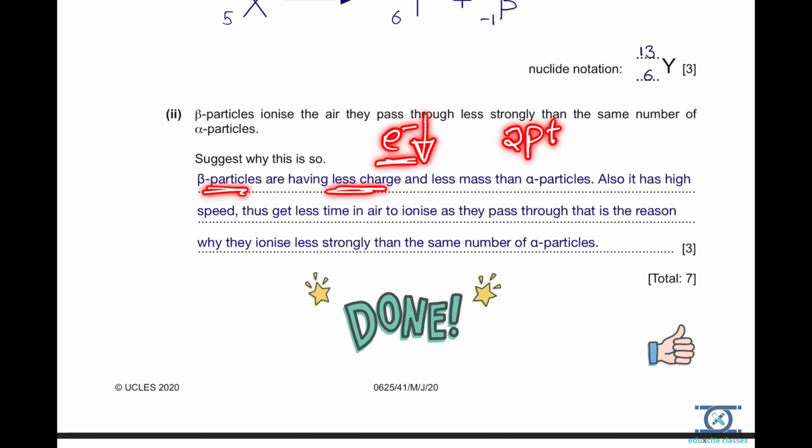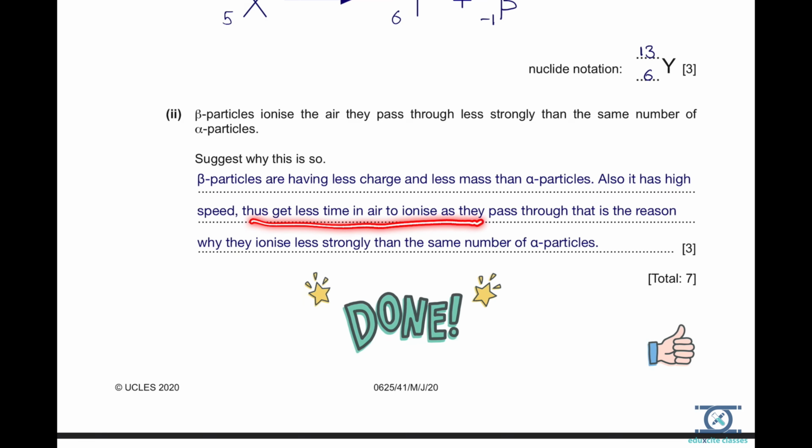The electron's mass is very much less than the mass of an alpha particle, which is 4, or you can say 4 times the mass of a proton, which is much heavier than a single electron. Also it has a high speed. This beta particle has a high speed, thus gets less time in air to ionize as it passes through it. That is the reason why they ionize less strongly than the same number of alpha particles.